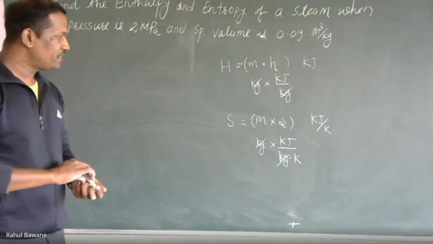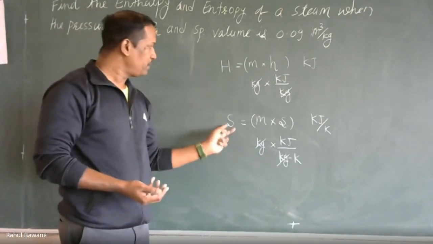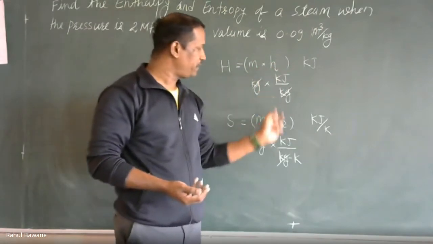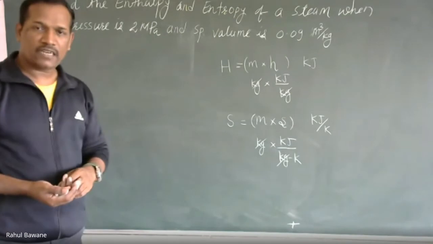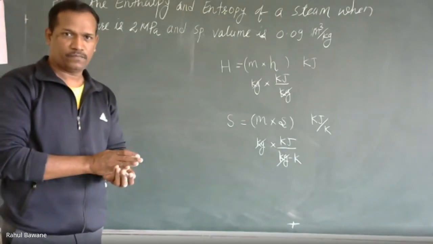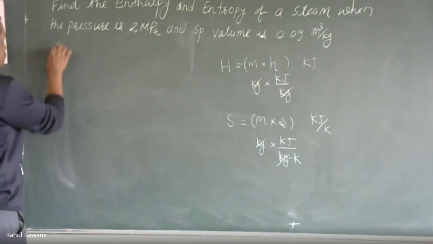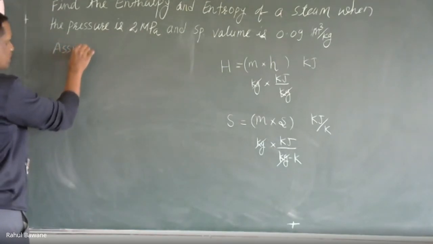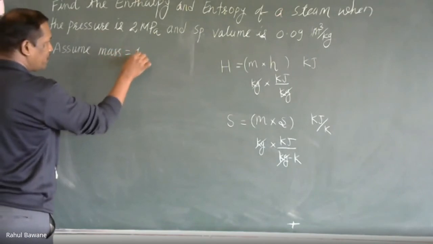So remember, there is either total enthalpy and entropy, or specific enthalpy and entropy. Now here there is no data related to mass. In this case, we have to assume mass is equal to 1 kg.